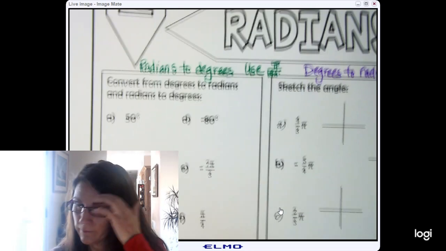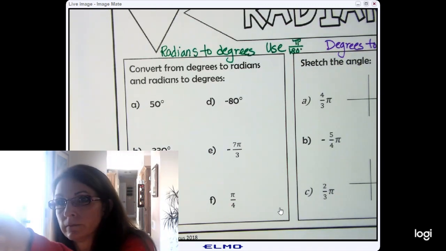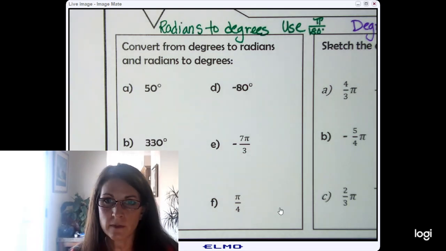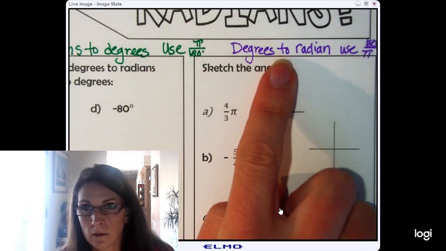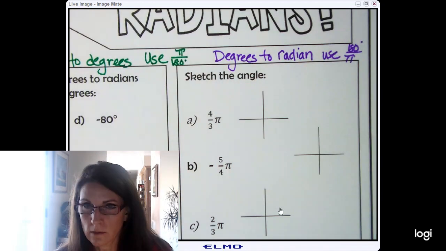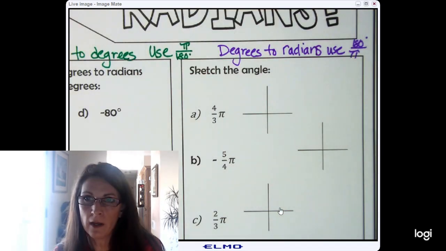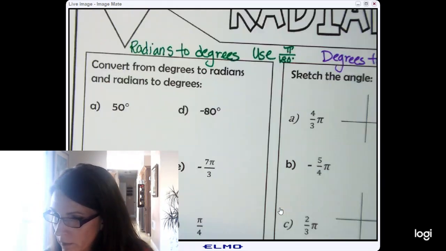So let's see. In A, I have 50 degrees, and it wants me to convert it to radians. So let's see. Degrees to radians. We are going to multiply by 180 over pi.